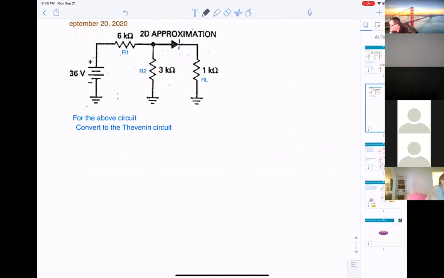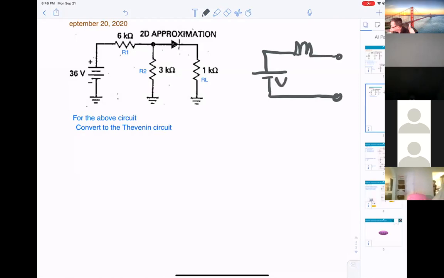But normally, if you want to solve for that one, they're using Thevenin. Thevenin's theorem: you want to get only one source and one resistor, then that will be connected to the load.